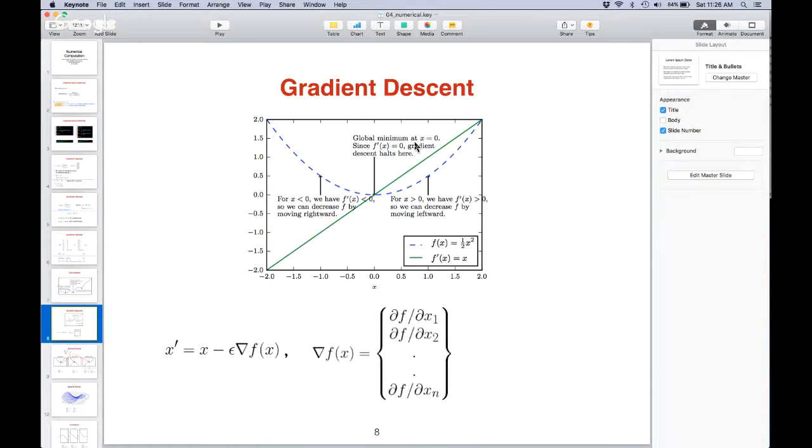And the minimum happens at x equals 0. The minimum point is also given by where the function gradient equals 0, in one-dimensional loss functions with only one feature, as in this plot.